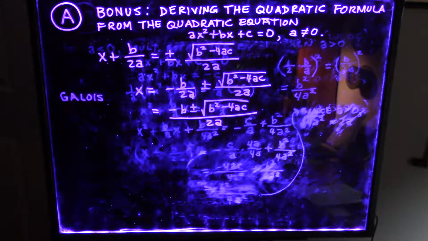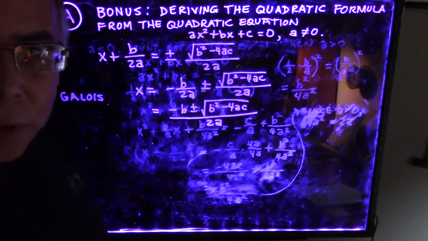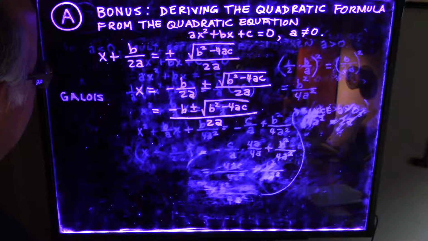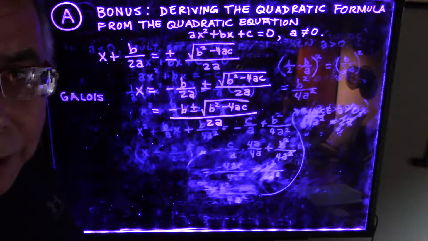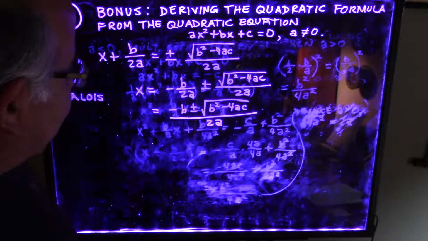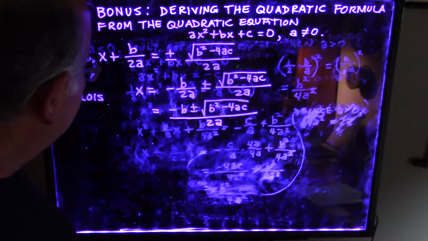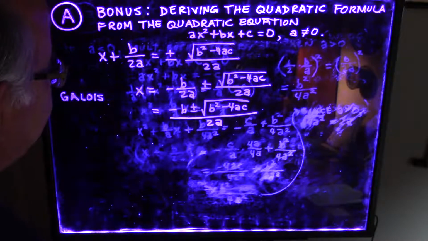Évariste Galois was a Frenchman. He proved that there is no general formula for a quintic, degree 5. He died as a young man in a sword fight over a girl. So his math was much better than his sword fighting skills, unfortunately. He passed away early, but before he died, fortunately, he gave us this great theorem.